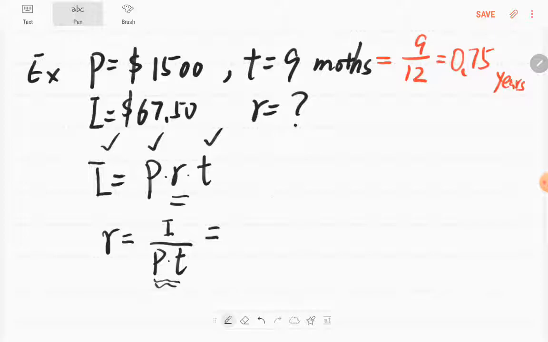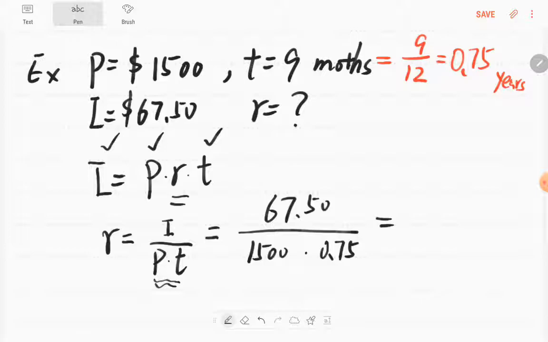So I is 67.50. P is 1500 times 0.75. We always calculate the denominator first. 1500 times 0.75 is equal to 1125.